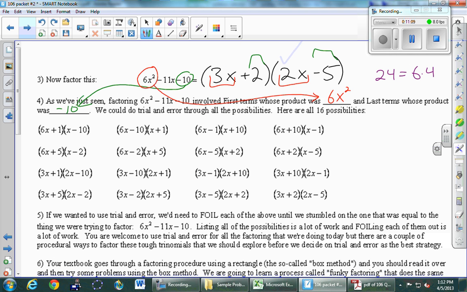That's where we're going to get the x squared term. So if I want a 6x squared, it's going to be 3x and 2x, or what's the other way to get a 6x squared when you multiply two things? 6x and 1x, right? So it could be either what we ended up with, which was 3x and 2x, or 6x and 1x. And then I can look at this minus 10 and say, okay, the minus 10 is definitely going to come from multiplying these two numbers together, right?